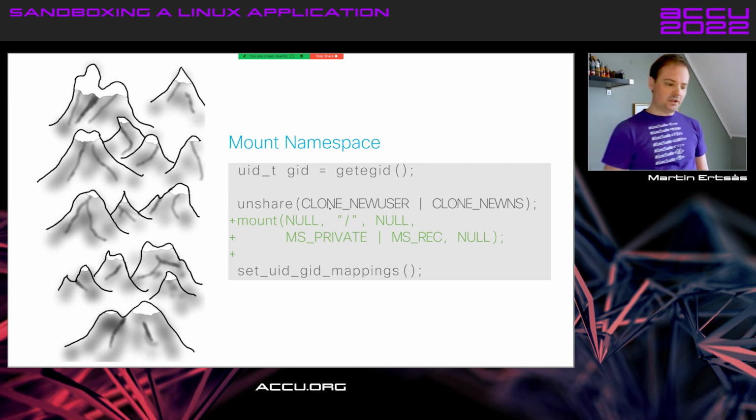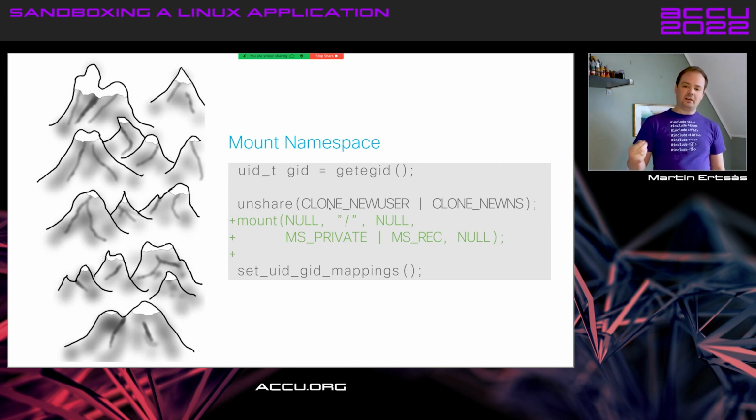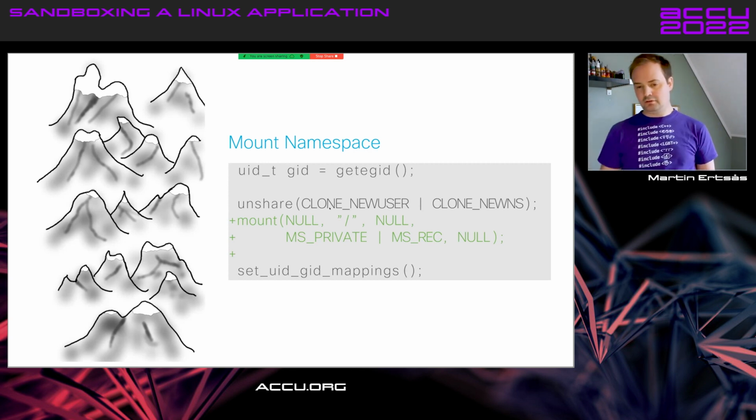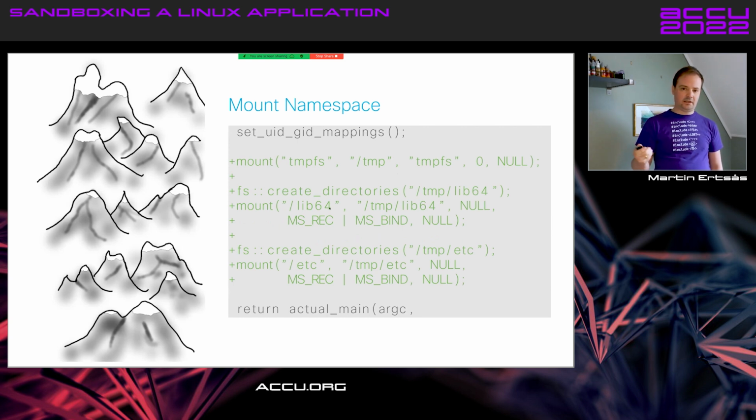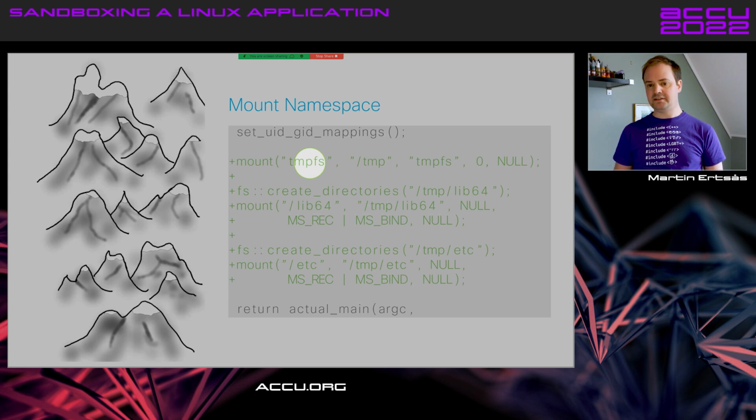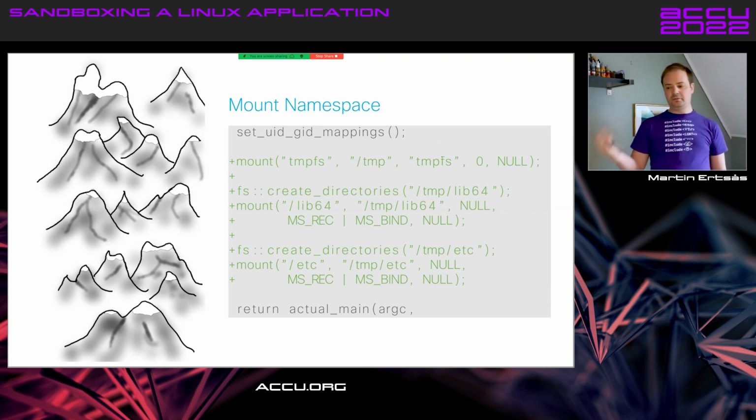And we will. What we'll do now is we are going to create a new / for ourselves. And we do that by first mounting a new temporary file system on top of /tmp. By doing that, this new temporary file system only exists for your mount namespace.